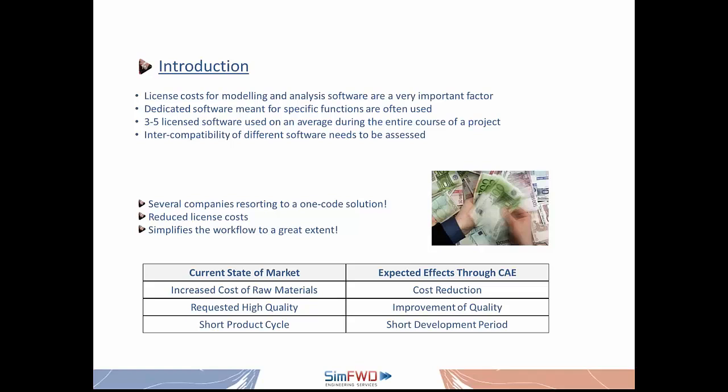We have seen that 3 to 5 licensed software packages are used on average during the entire course of a design project. And of course, this should draw our attention to the compatibility between the software, because this will compromise our final workflow and the delivery of the project.